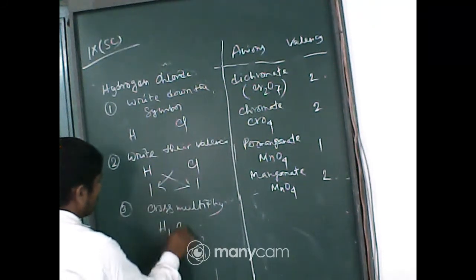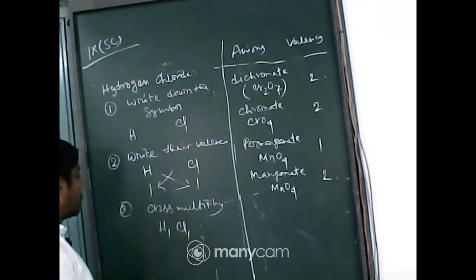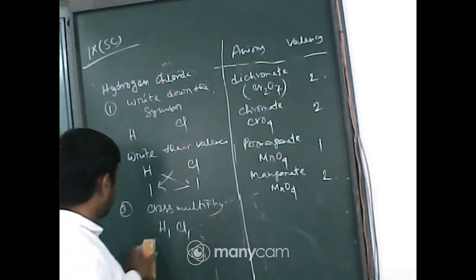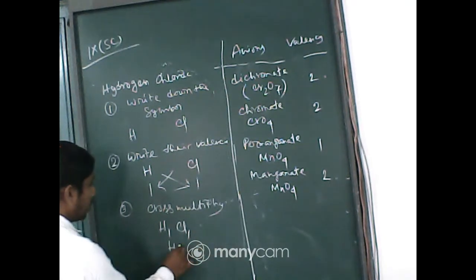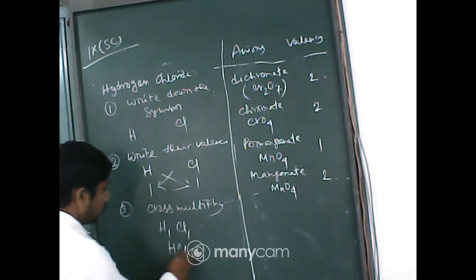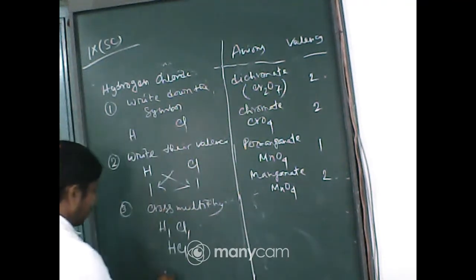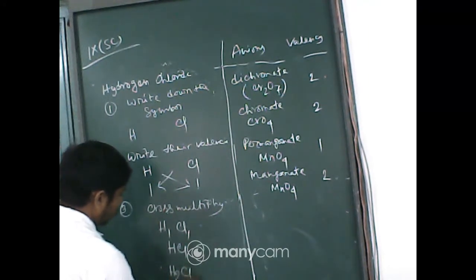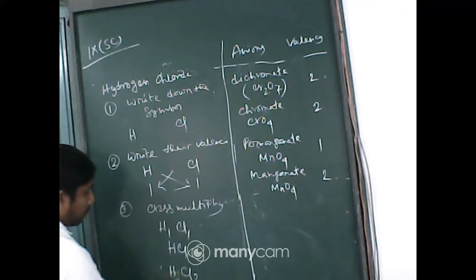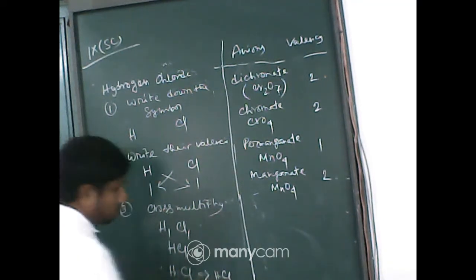So H1Cl1, but here it is called the formula. When we simplify the formula, there is no need to mention the 1, and suppose H2Cl2 is there, then we will simplify it to HCl. This is also called the formula weight.